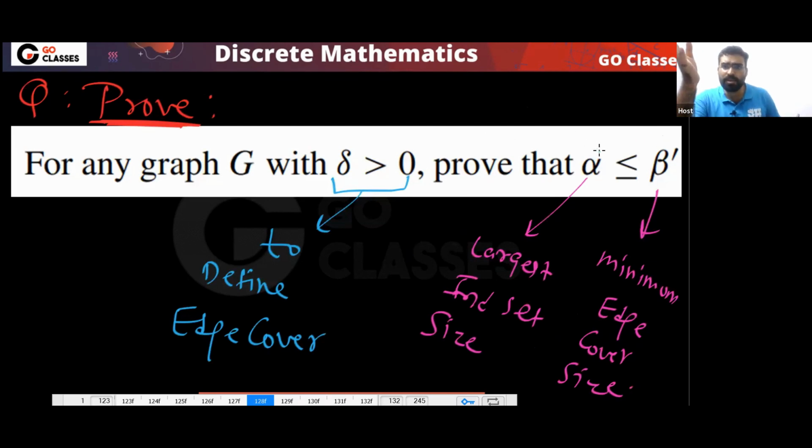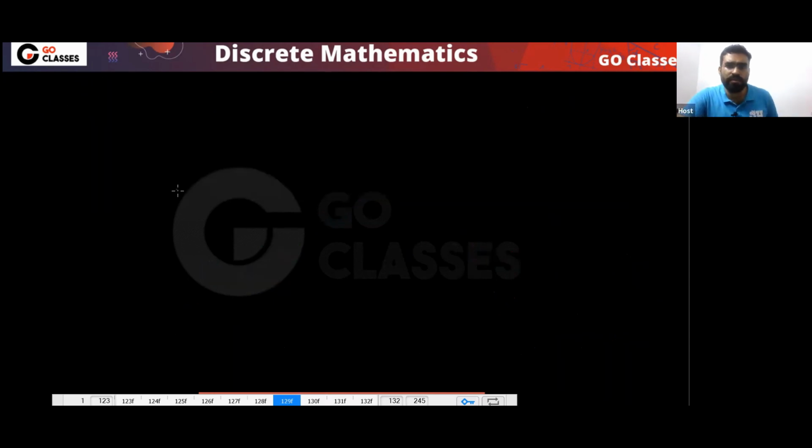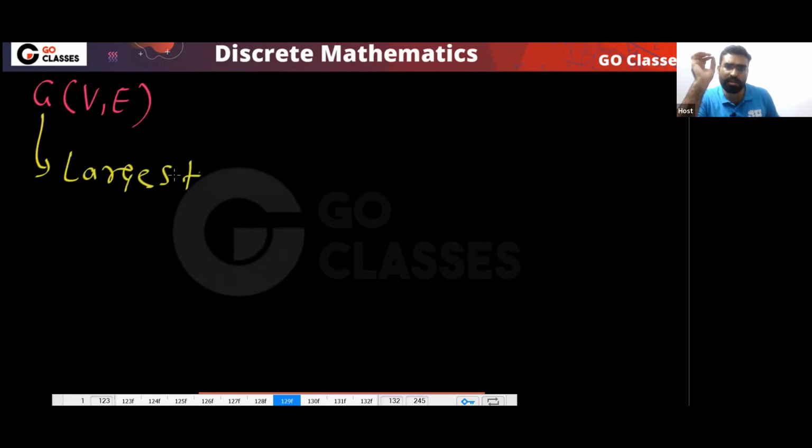If you have a graph G = (V, E), let's assume you have a largest independent set.